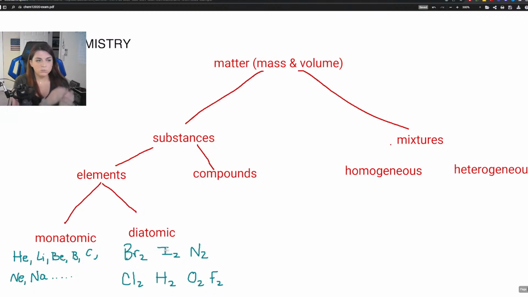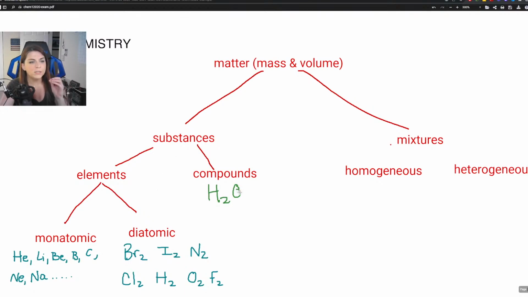From there, those are all of the elements. Nature made the diatomics the way that they are. When you have a little bromine floating around in the universe, that bromine will always be paired up with another bromine. Same with iodine, same with nitrogen. Compounds have a definite formula. So they are going to be things like H2O.